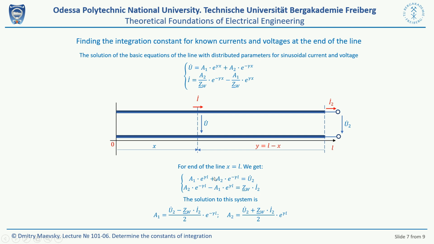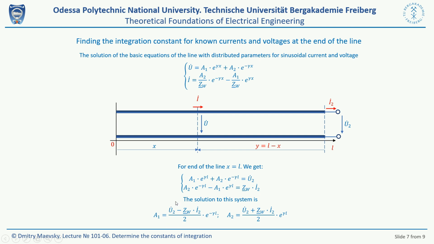We can express U2 and I2 from the main system of equations, substituting the value of the line length into it as a spatial coordinate. We get such a system of equations. Solving it for the unknown quantities A1 and A2, we get such formulas.